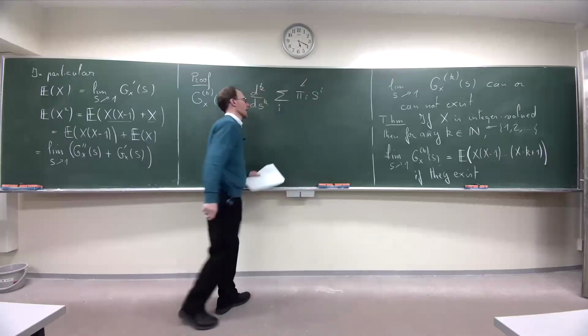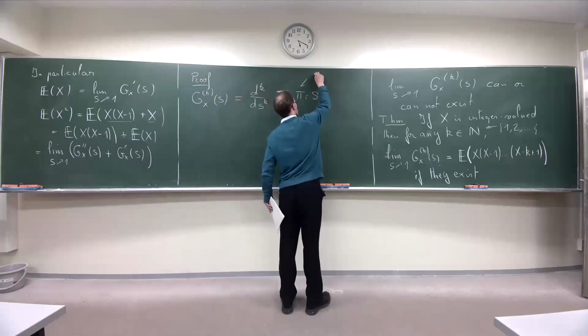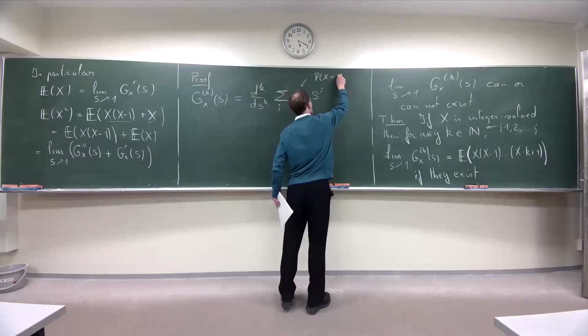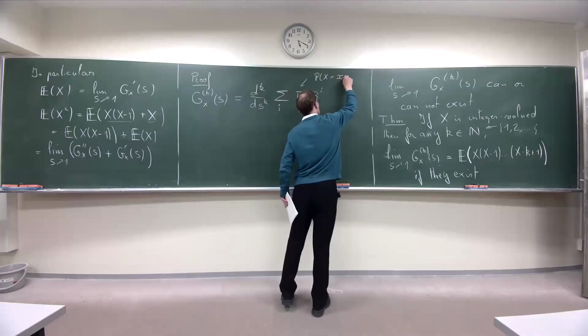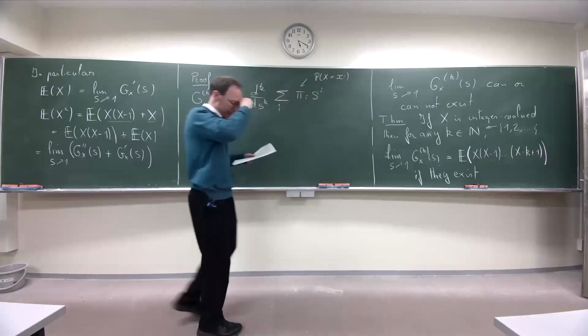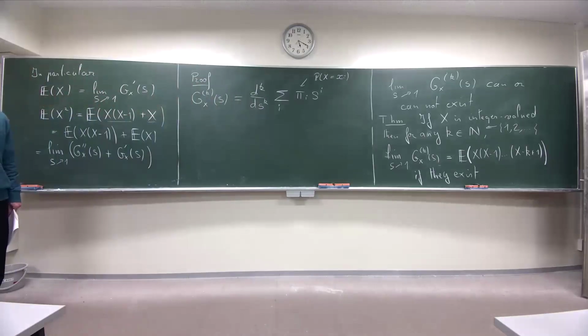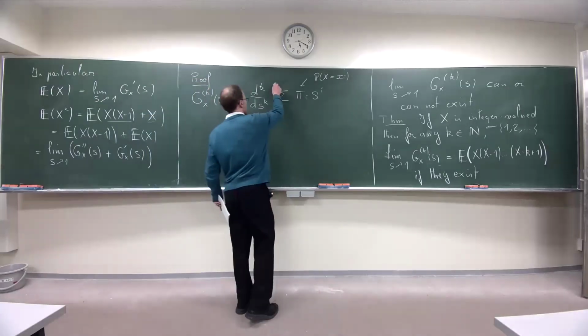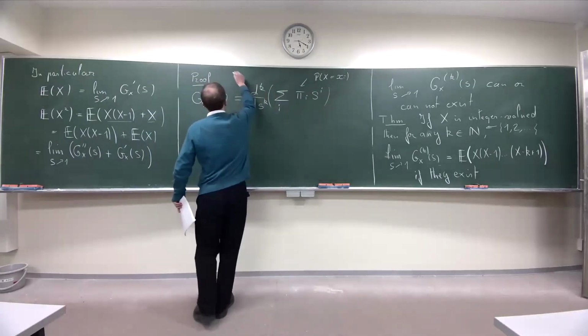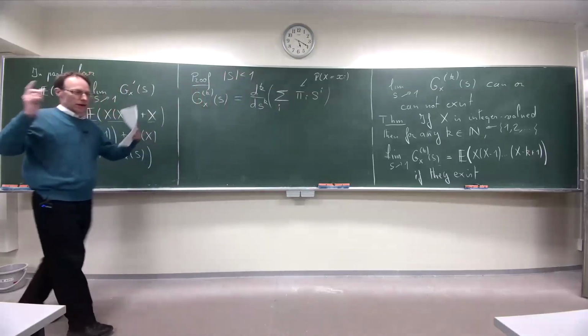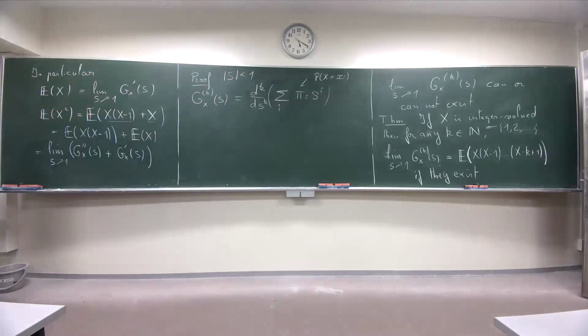This pi I have already introduced is the probability that X takes a value xi. But in particular, in this case, it will be i. Remember, it is an integer valued function. This is a definition. So I need to take k derivatives, and I will assume s smaller than 1, because for sure I'm inside the radius of convergence, because we know it's 1 or bigger.